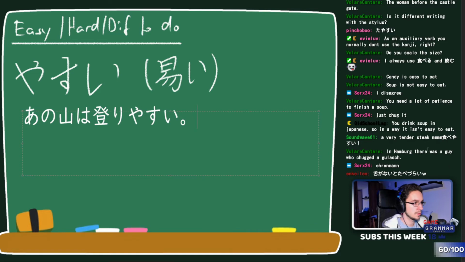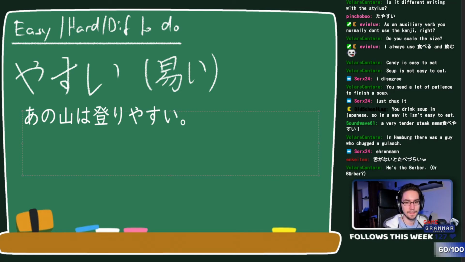We can also look at some conjugations in a bit. So, あの山は登りやすい。This mountain is easy to climb. So what does this mean? It's straightforward. It's just saying this mountain or that mountain, right? あの山. To put some furigana, I guess.